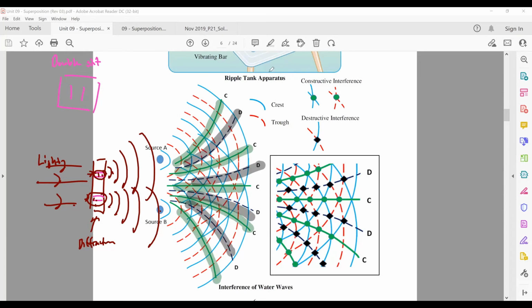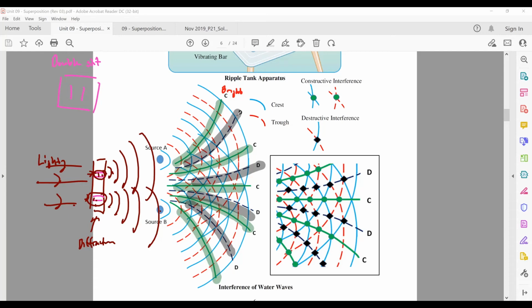Where you have constructive interference, this part here is supposed to be bright. Because the light waves overlap with another light wave, you're supposed to get a brighter light.